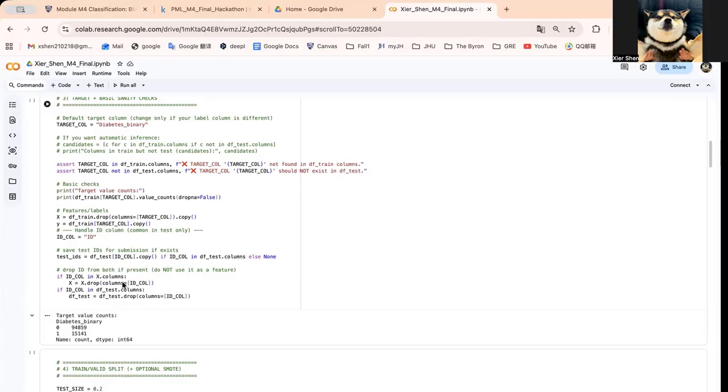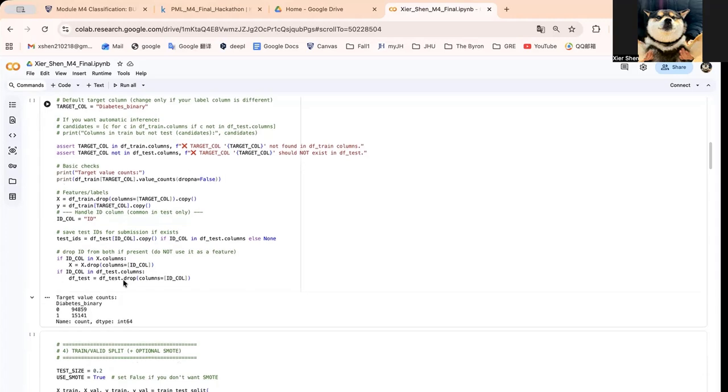This indicates a significant class imbalance. Only about 40% of the data are positive cases. This imbalance can cause the model to favor predicting the majority class, so handling imbalance became one of my first priorities.